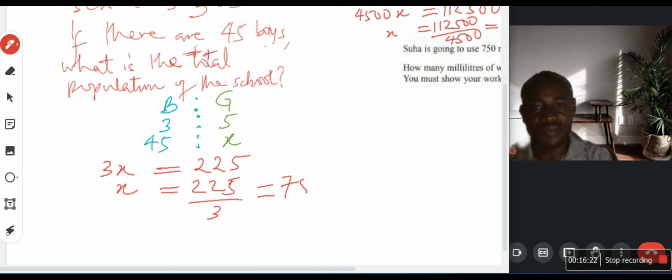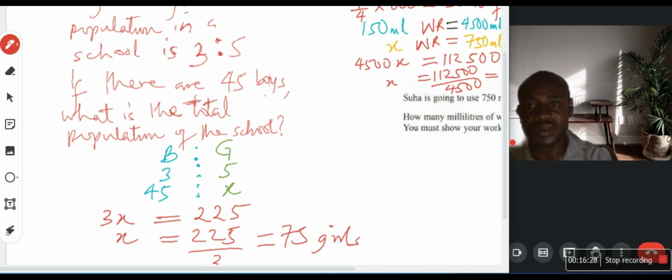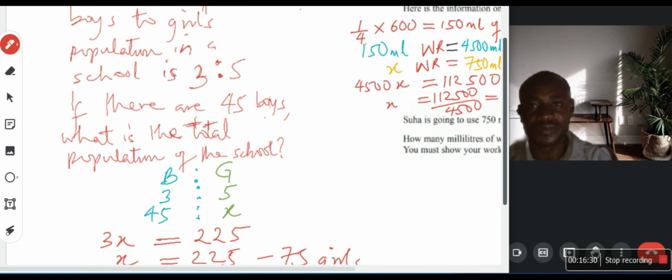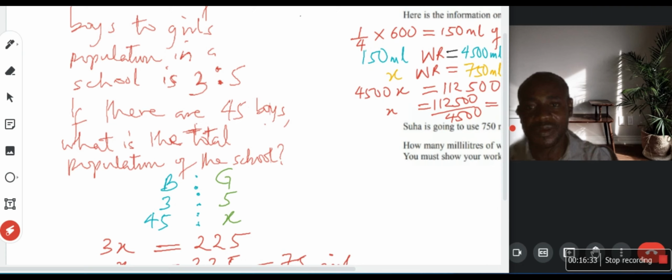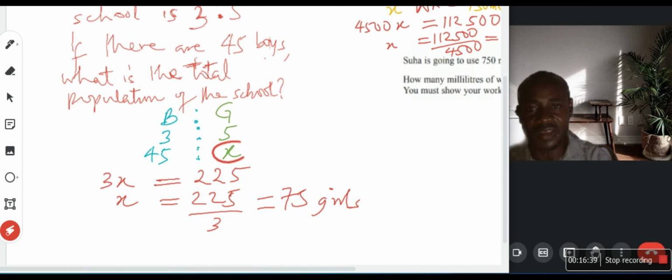So there are 75 girls. If the ratio of boys to girls is 3:5 and you have 45 boys, you have X girls, which is 75 girls.